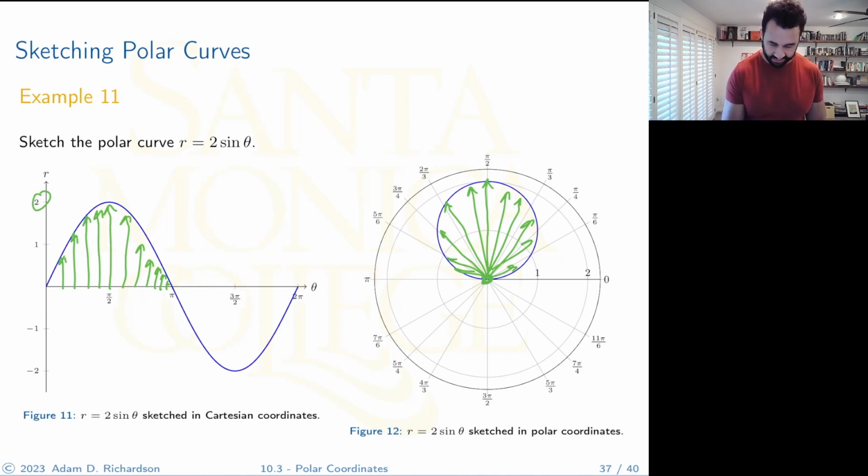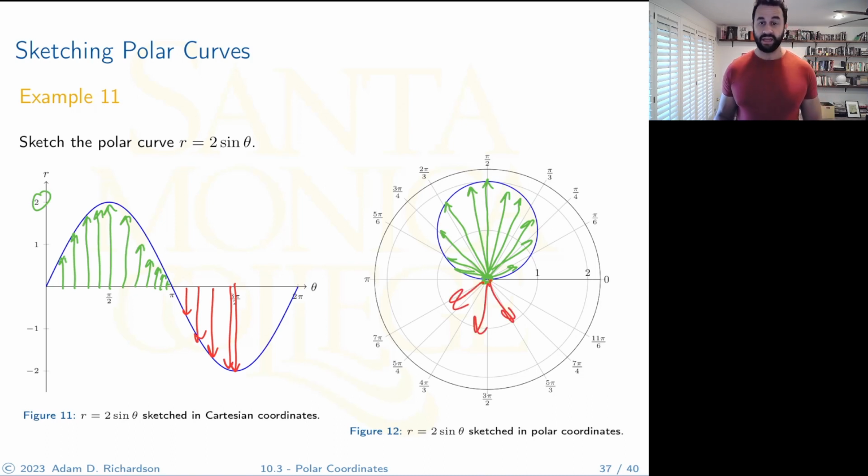Now here's where things get interesting. I'm going to switch the color here. After pi, when we're facing this way, notice that our radius is negative, right? We're in the negative region here. Our radii are negative, but getting larger in size. So what this is saying is that even though we are facing these directions in terms of the angle, the radius is negative, so those arrows are going to get reflected back across the origin.